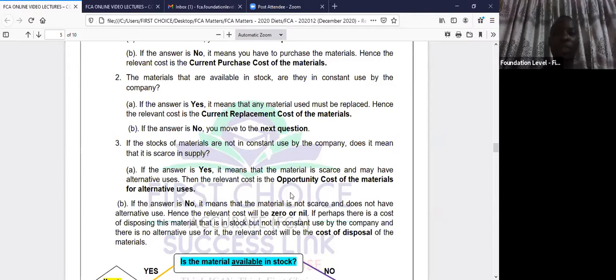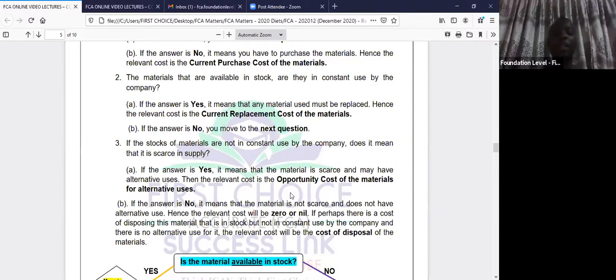It means if you use it for this project, you're not likely to replace it. And you don't have any alternative to do. So since you don't have any alternative, the opportunity cost is zero. When there is no alternative or opportunity cost, the relevant cost is zero.